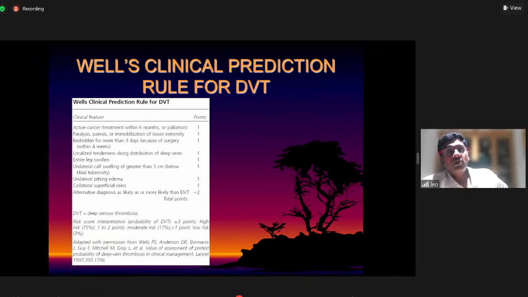Now, Wells came out with clinical criteria to look for the presence of DVT. As we look at these, we are looking at a continuum between DVT and pulmonary embolism.